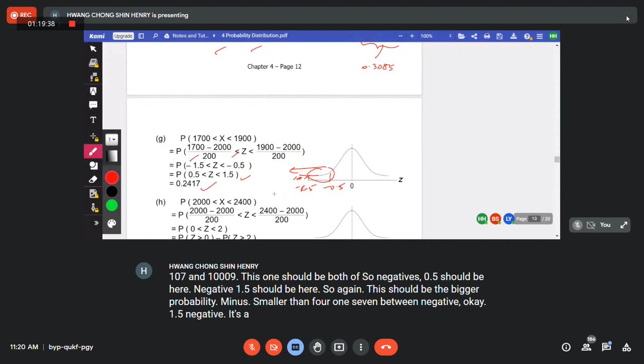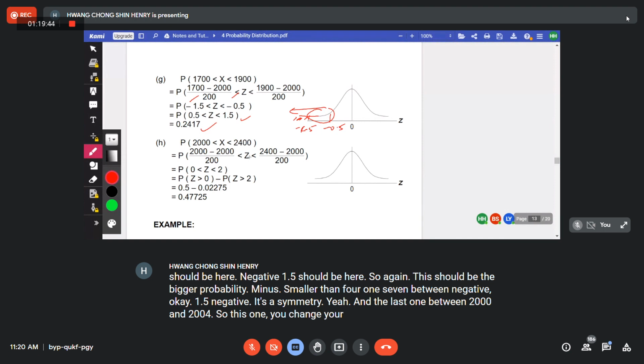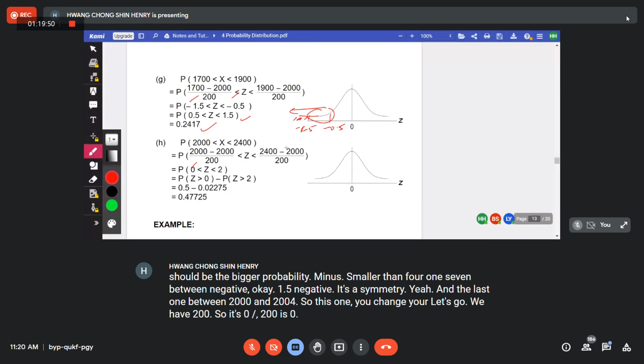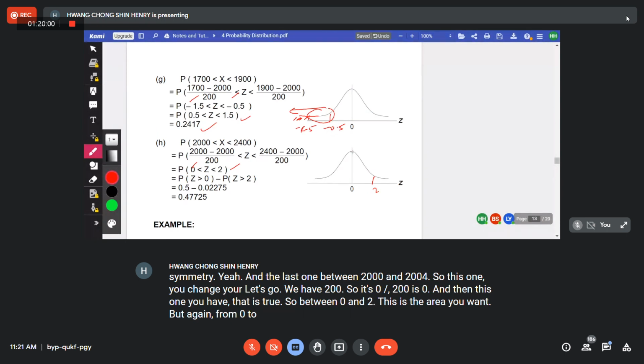It's a symmetry, yeah. And the last one, between 2000 and 2004. So this one you change to the Z score. We have 200. So 0 divided by 200 is 0. And then this one you have Z is 2. So between 0 and 2, this is the area you want. But again, from 0 to here is 0.5, right?